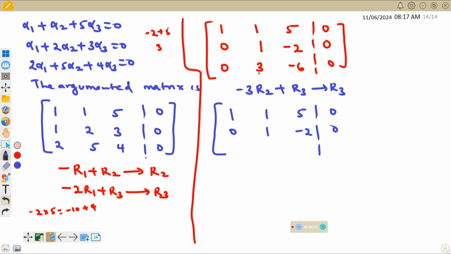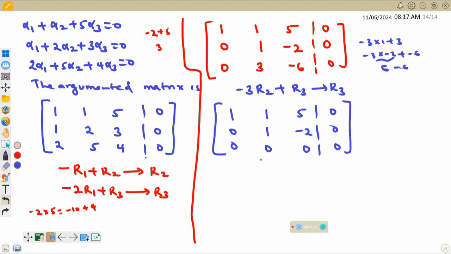Then we apply the operation: negative 3 times 0 plus 0 will be 0. Negative 3 times 1 plus 3 will give us 0 as well. Then negative 3 times negative 2, then plus negative 6, so this will be positive 6 minus 6, that will give us 0. And of course, this one is also 0.